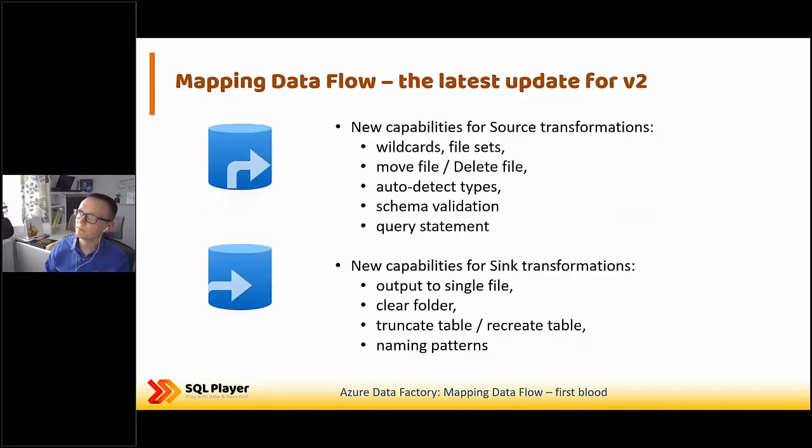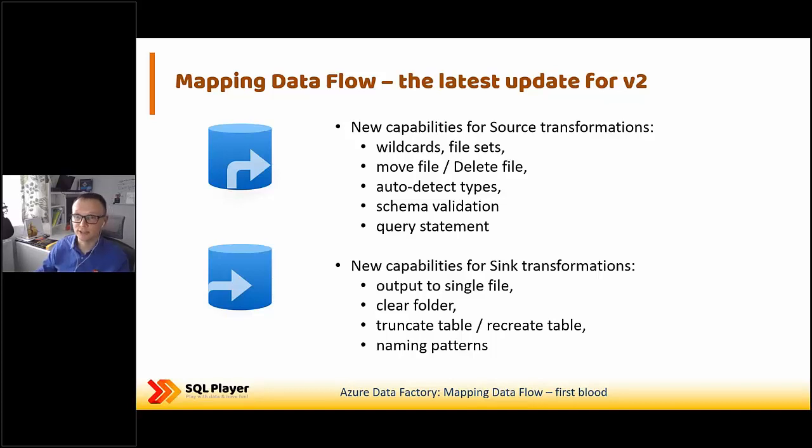Okay, so the new capabilities that appeared two months ago or so in version 2: for the source transformation, you can use wildcard file sets. You can move the files, which basically deletes the files.